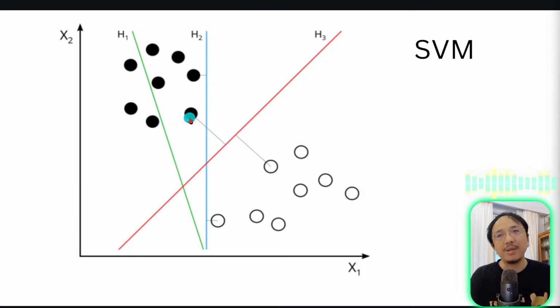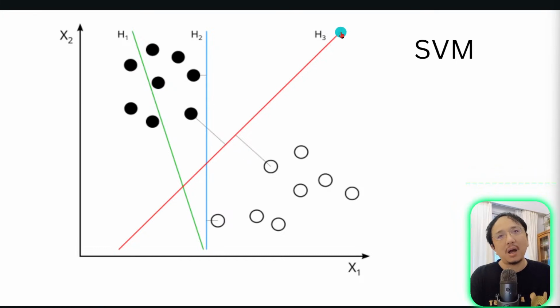So we can measure the distance of these nearest samples to the separating line. We wish to find a straight line so that the minimum of these two distances is maximized.